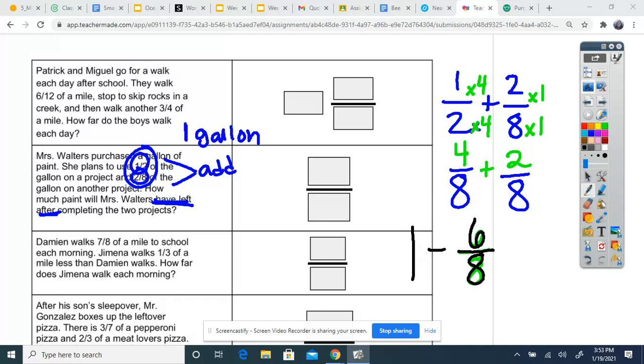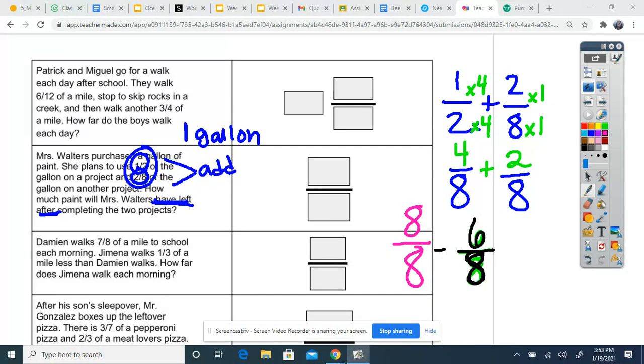We have 1 gallon minus 6 eighths. So we want this whole number 1 to have the same denominator as this 6 eighths. So all you need to do is change that 1 to have a denominator of 8. What over 8 equals 1? 8 over 8.